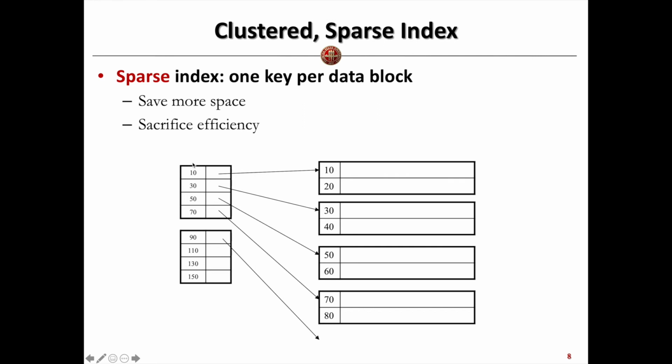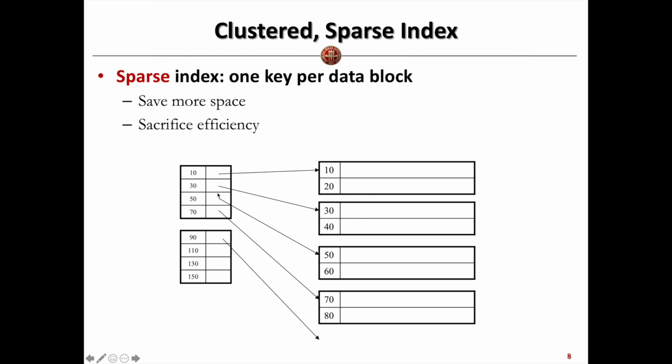However, later if we plan to search for 20, how can we do this? We search in the index table, and we cannot find any entry matching 20 as the search key, right? However, for these kinds of index tables, it has to be clustered. In other words, it has to be sorted.